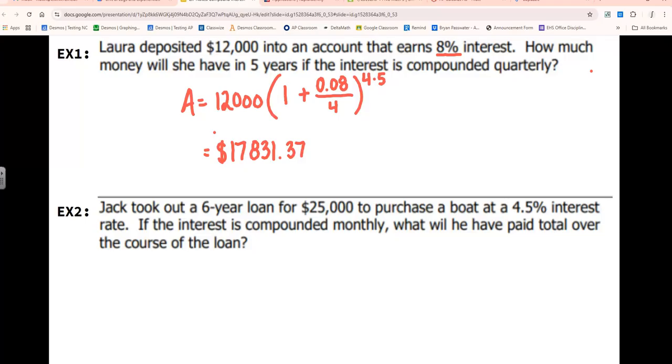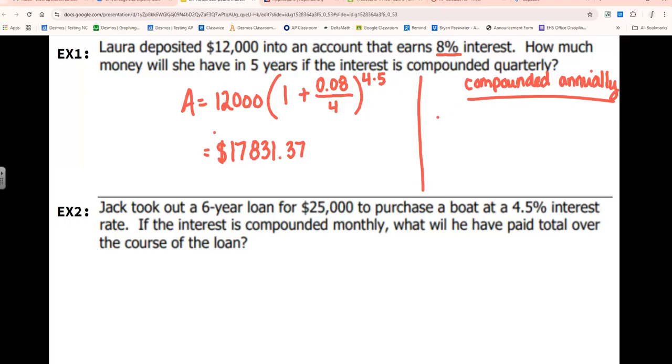So now let's think about this. What if it was just compounded annually? Let's just compare it. This is not part of the problem, but let's just compare it. If we were just compounding annually, it's really the formula we've already been using, right? The a times b to the x.